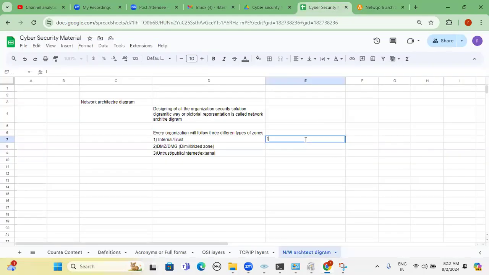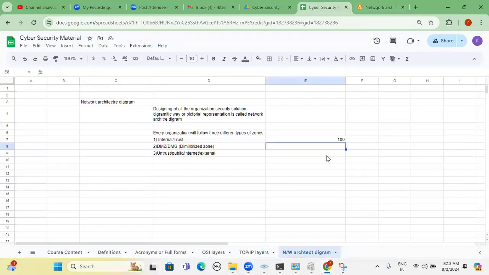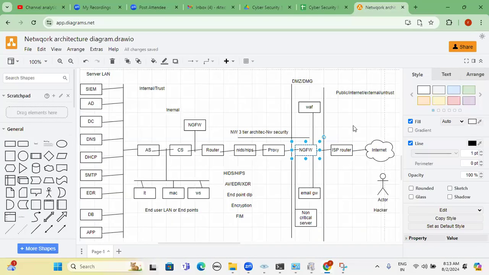So the internal or trust score is always 100. The DMZ is in between trust and untrust, so we can define its score as 50-50. Untrust is the public road, which everybody can use and walk on.